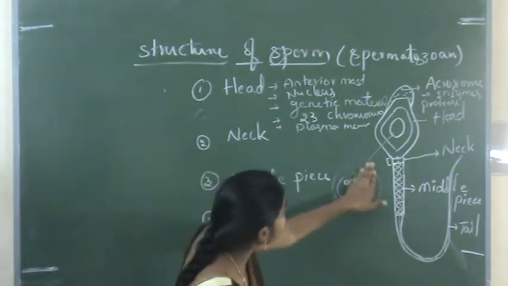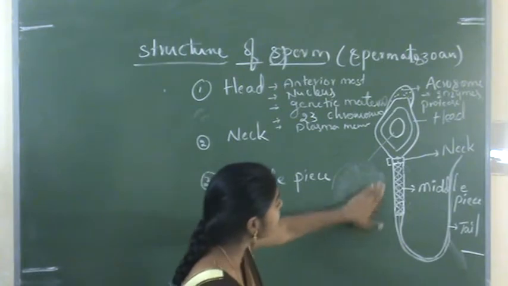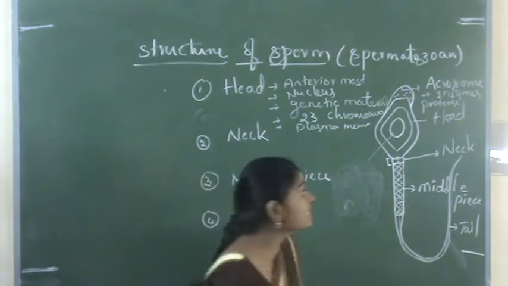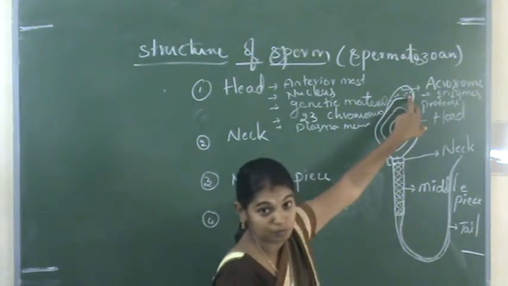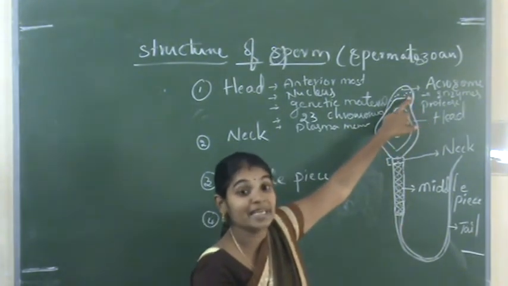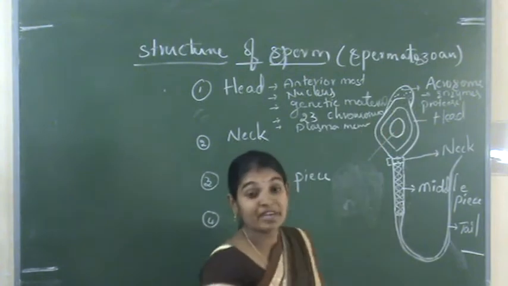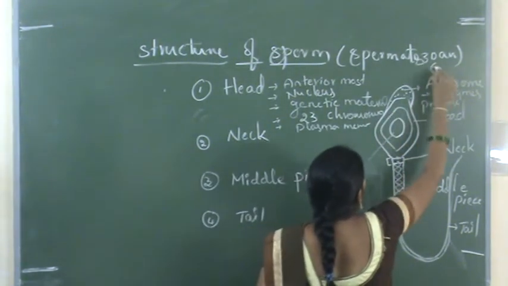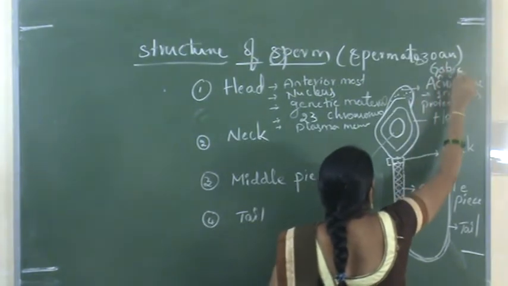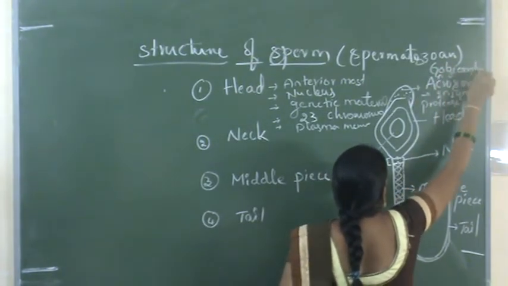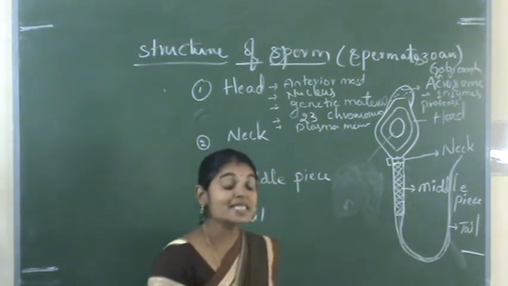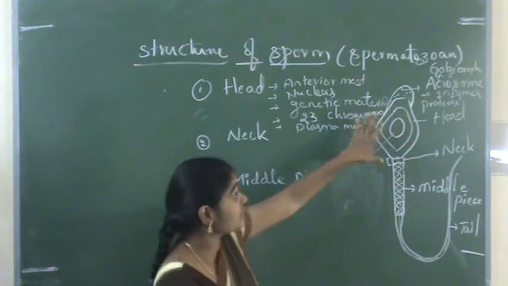So like this, the enzymes help in the fertilization, and those enzymes are present in the acrosome, and this acrosome is derived from the Golgi complex. During spermiogenesis, some changes occur in these structures.